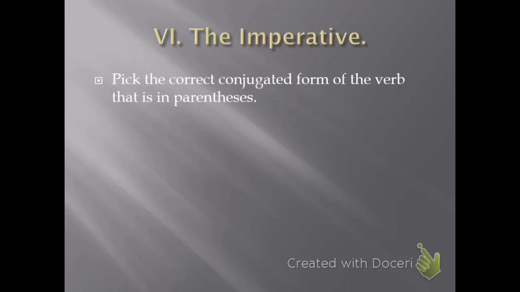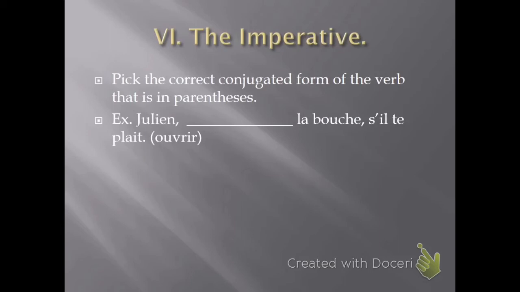What you need to do here is pick the correct conjugated form of the verb that is in parentheses. So, for example, "Julien, blank la bouche, s'il te plaît," and you need to use ouvrir. Would it be A, ouvre, B, ouvrir, C, ouvre, or D, ouvrir? If you said C, ouvre, you would be correct.